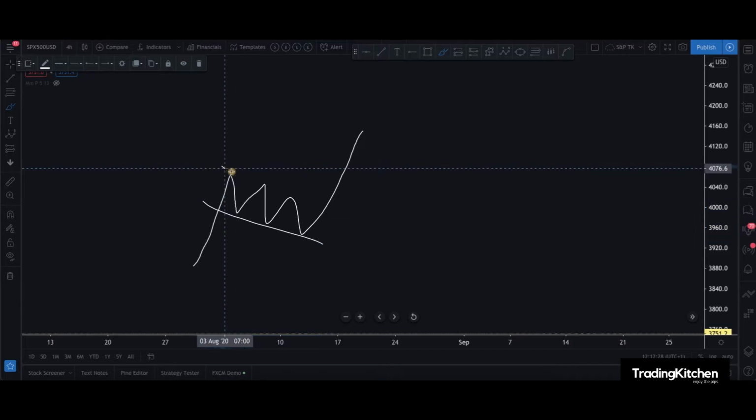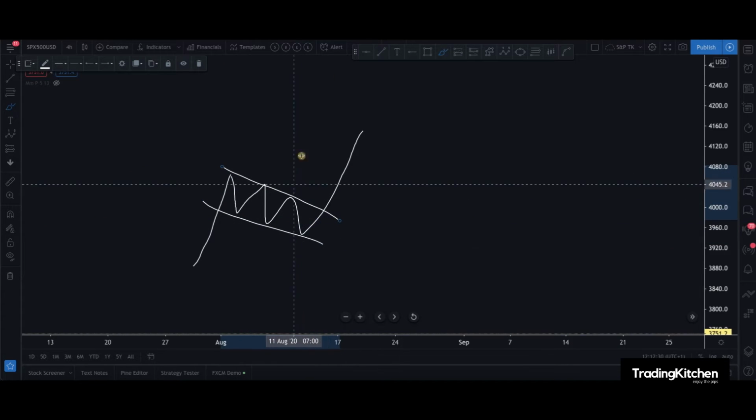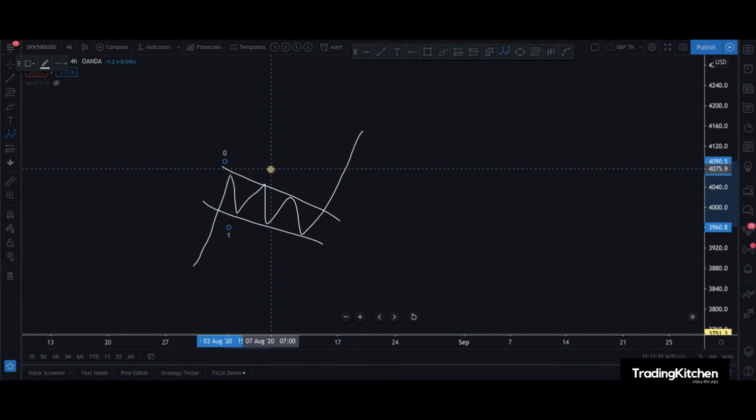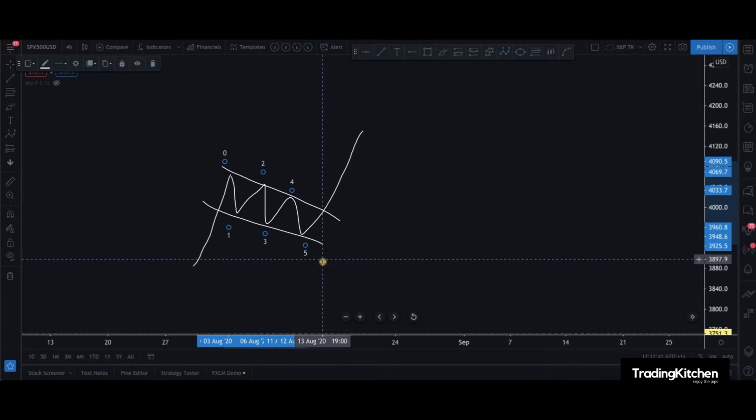So the theory, the rules behind it, is that most of the time price makes 1, 2, 3, 4, 5. Okay, 5 movements. 1, 2, 3, 4, 5.